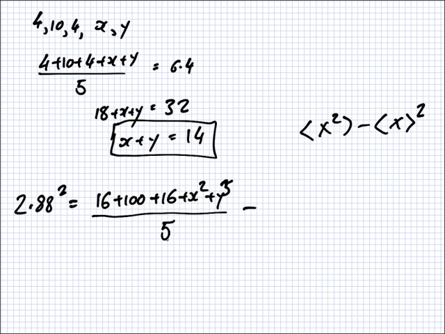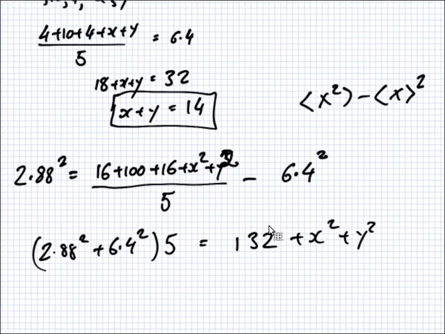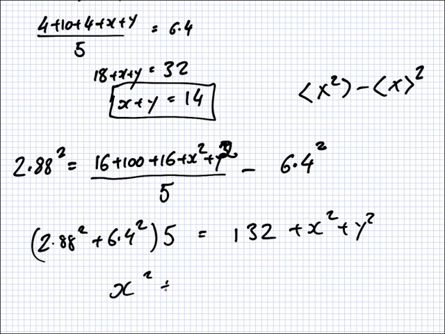I said squared, but I wrote 5 because I was thinking of the next step already. So if you could type in 2.88 squared plus 6.4 squared and multiply that by 5, that should equal 132 plus x squared plus y squared. So that means x squared plus y squared is equal to that answer you get minus 132, please.